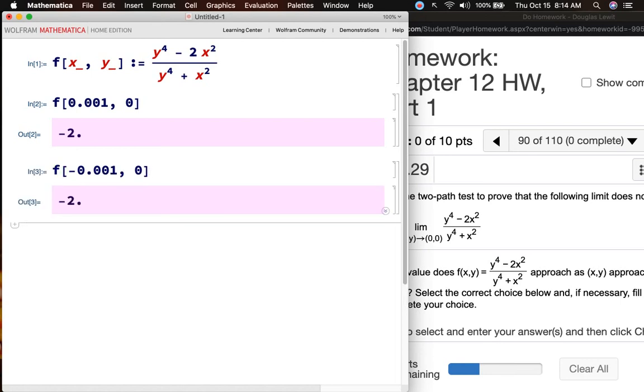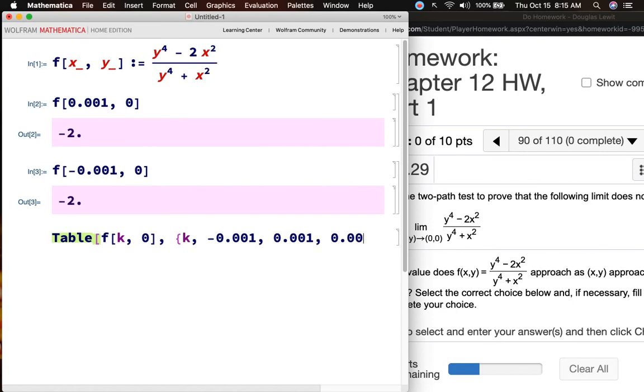We can test this using the Table command. Table, f of k, 0, where k goes from negative 0.001 up to 0.001 in steps of 0.00025.